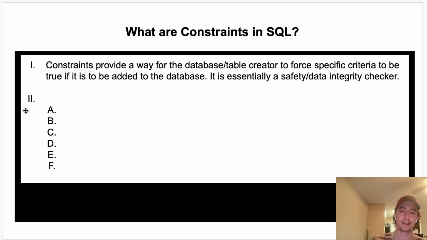What exactly are constraints? Well, they're basically what they sound like. They improve database integrity by forcing certain criteria to be met for a column in order for rows to be added or updated.